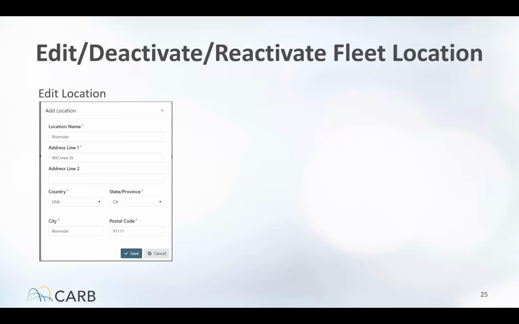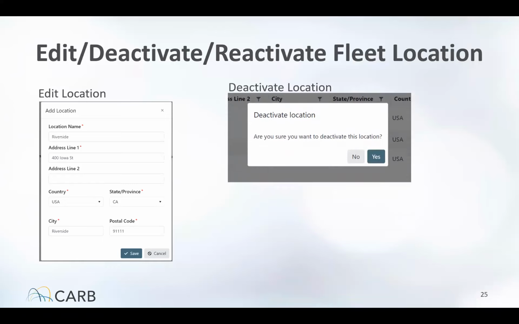When you select Deactivate Location, there will be a pop-up message asking for your confirmation of the location deactivation. Then click Yes. The location status will change from active to deactivated. You can also reactivate a deactivated location by clicking on the Actions for the location row, then clicking Reactivate Location.